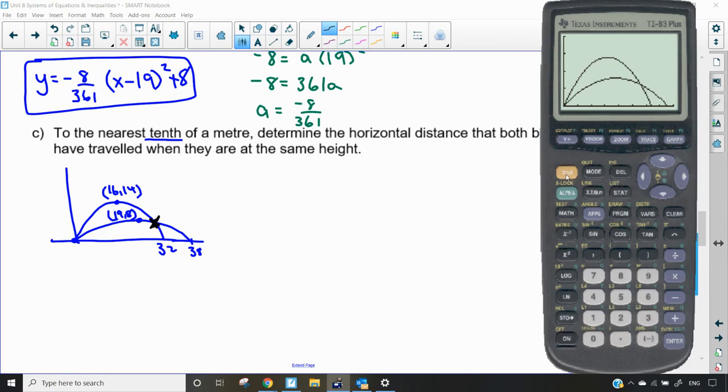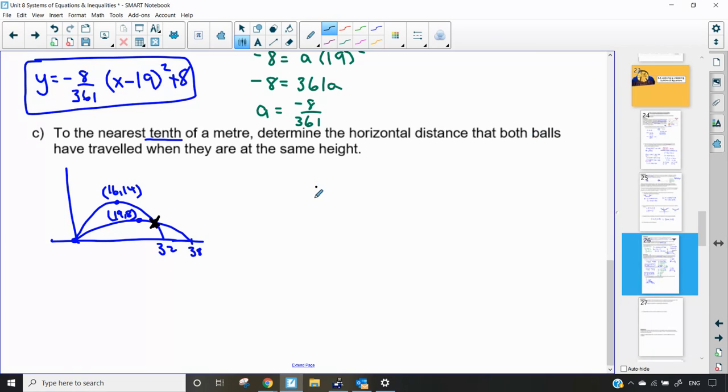All right, so we're going to intersect our graphs. And we want to make sure we round to the nearest tenth. And we have our intersection point at 27.9 and 6.24, or 6.2. So these two graphs intersect at (27.9, 6.2).